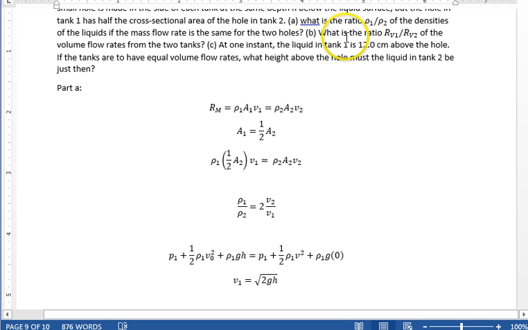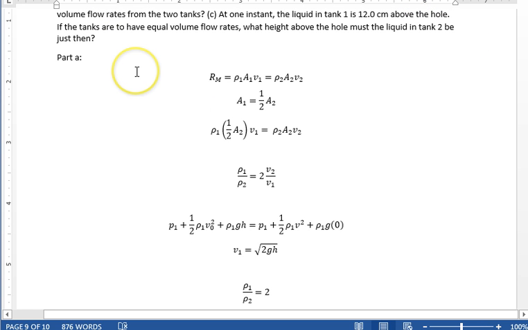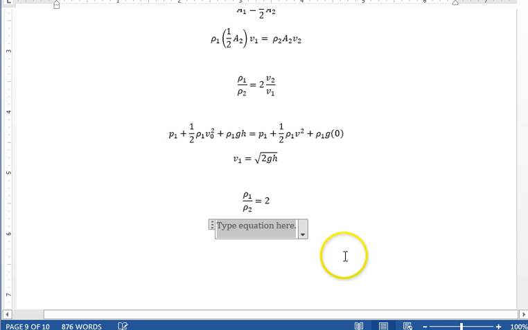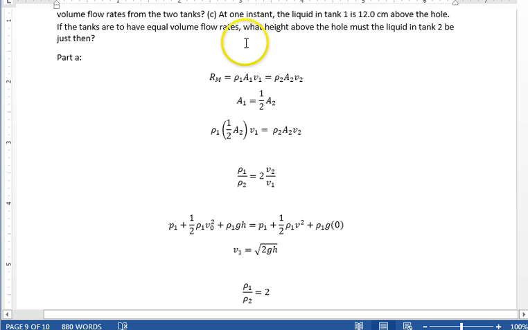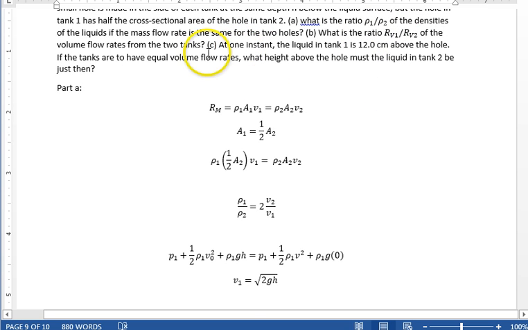All right. Part B, what is the ratio of the volume flow rates of the two tanks? The mass flow rate is rho AV. The volume flow rate is just AV. So RV1 is A1 V1, and RV2, what notation does the book use? RV1, RV2, okay.